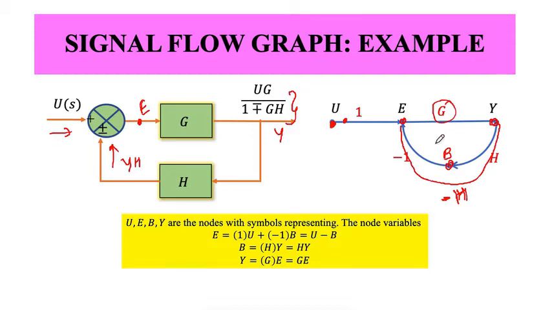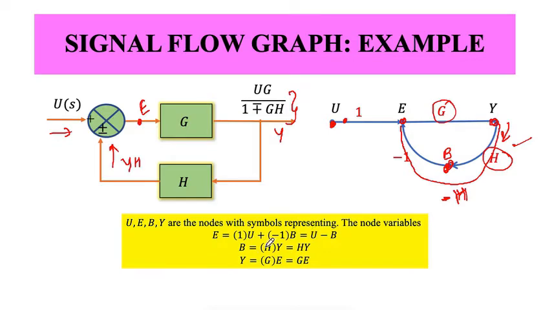And then of course these are my straightforward computations, right? So what is happening at B? At B, Y into H. Y is the signal which is coming and it is multiplied with the gain of the branch. What we said, the signal passing through a branch gets multiplied by its gain.